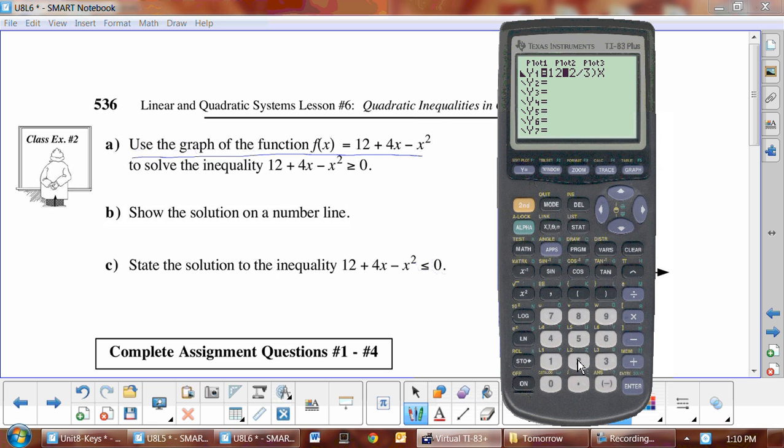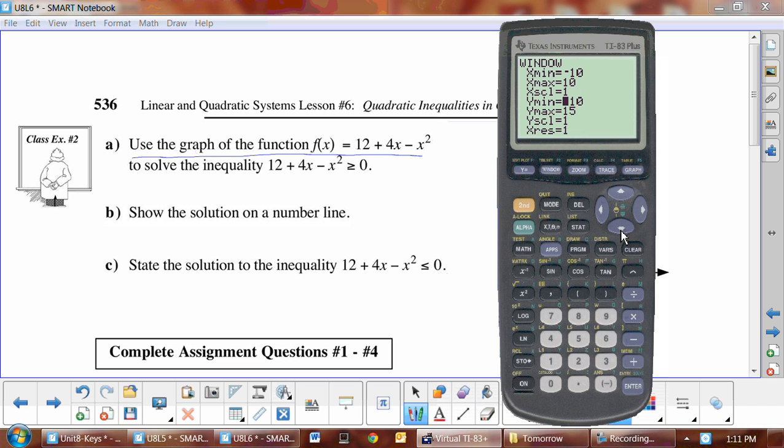So we'll go 12 plus 4x minus x squared. Okay? And I'm just going to adjust the window so we can see the entire thing. I'll go plus 15 because I know my y-intercept is 12.